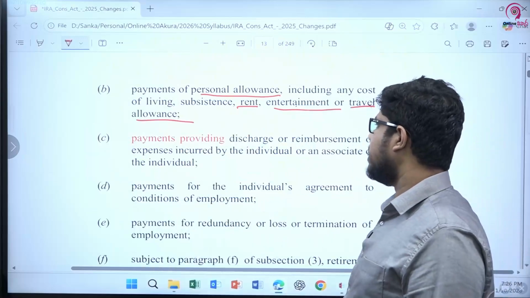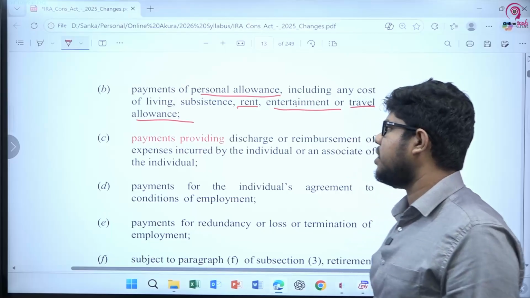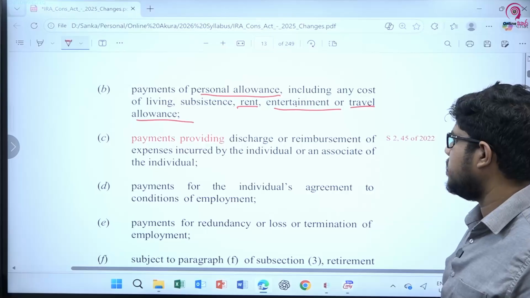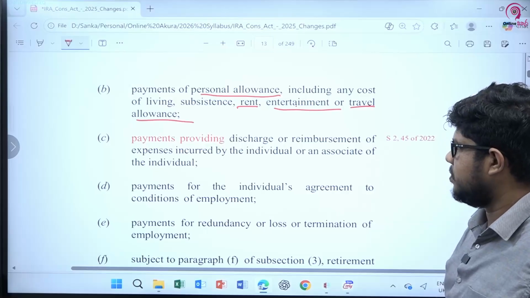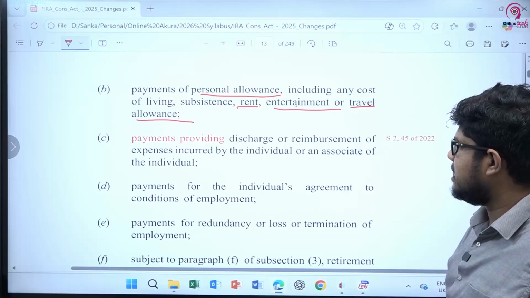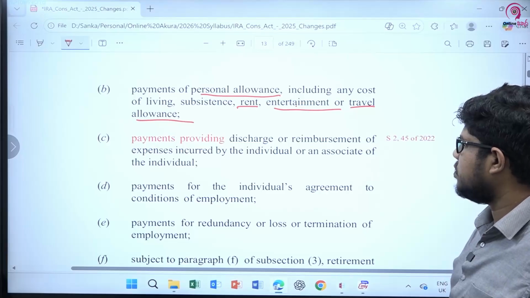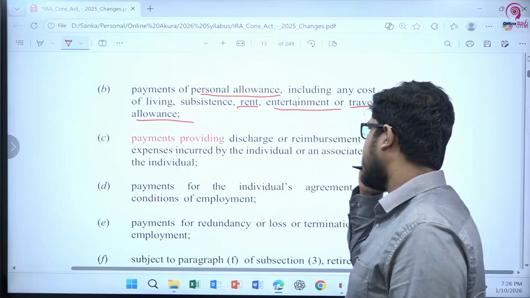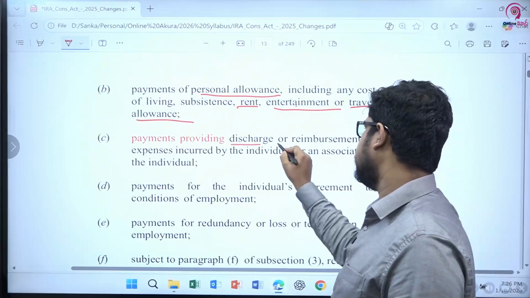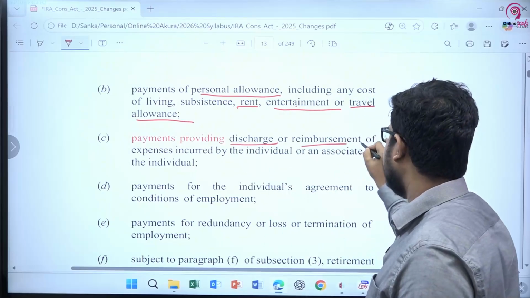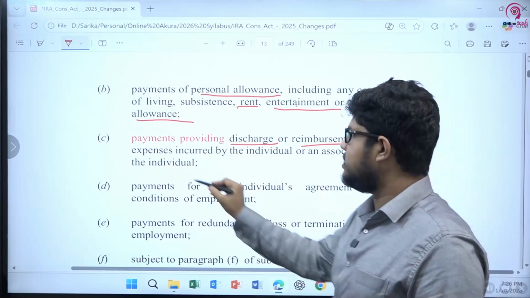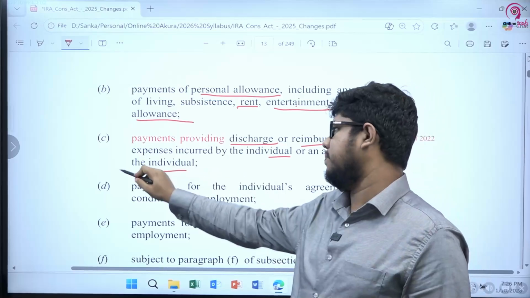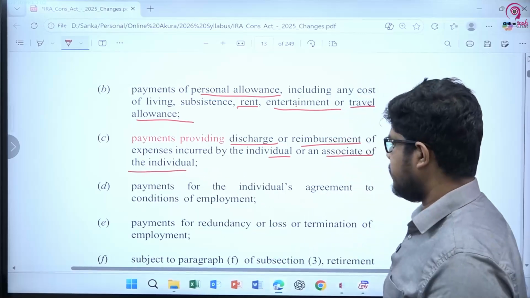So those entertainment expenses, everything comes into that. Payments providing discharge or reimbursement of expense incurred by the individual or an associate of the individual. That's very important. So it's kind of this, right?